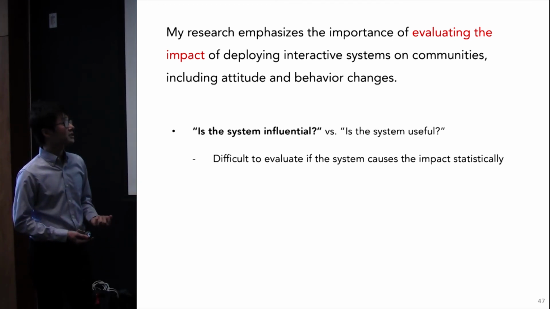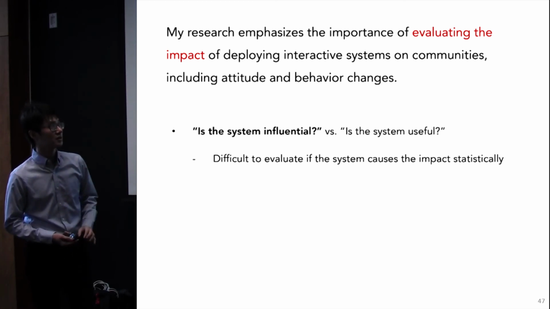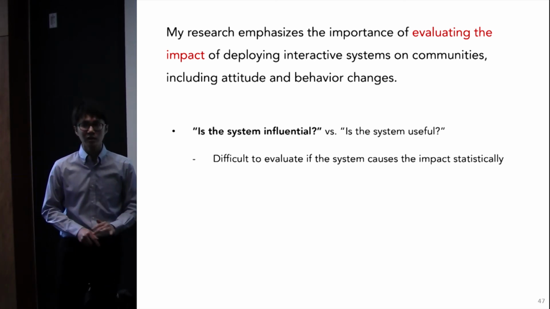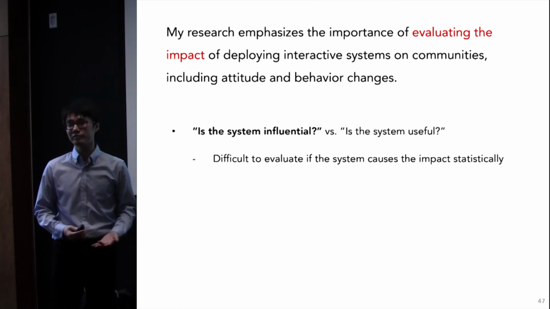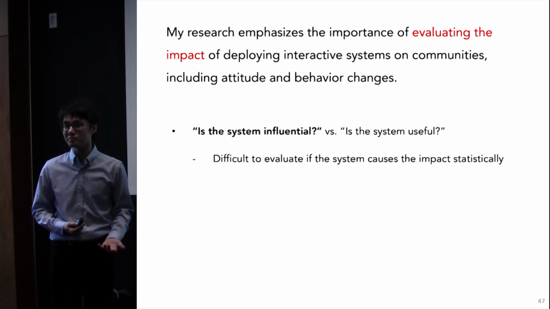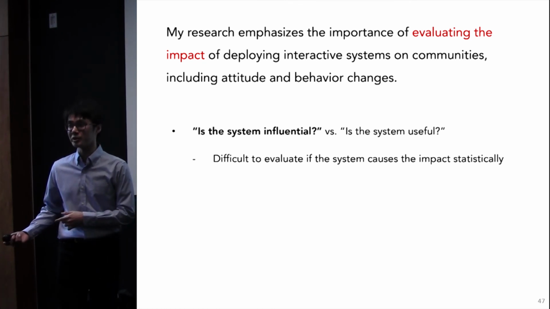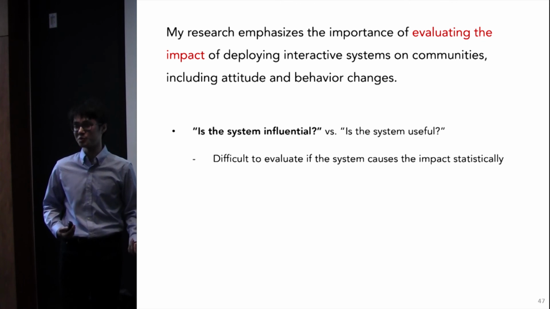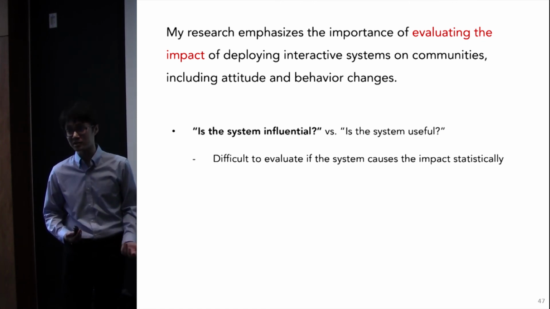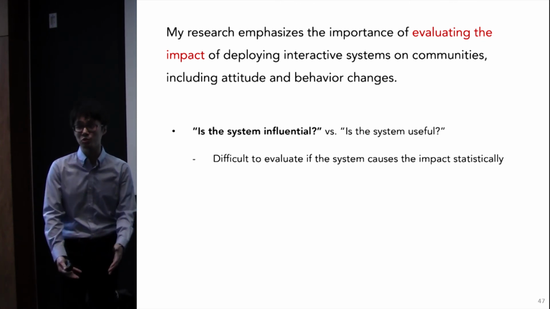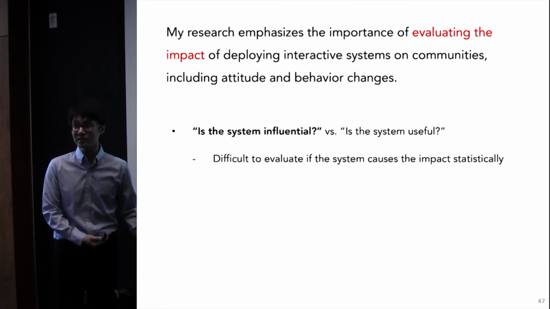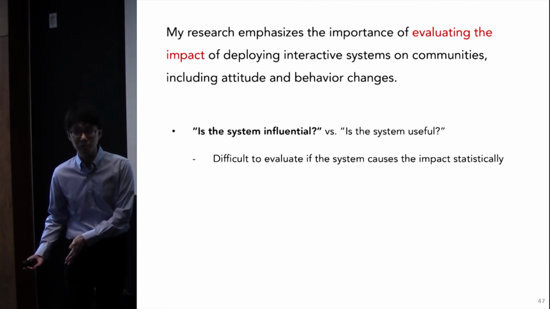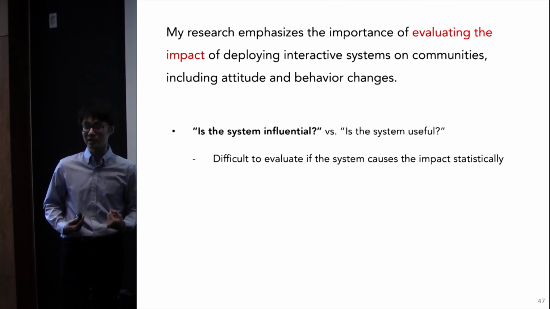It turns out it is difficult to evaluate, because if we want to say that when we deploy the system, it actually influences the community in some way, then we are making a causal statement. And that's something that requires experiments. We would have to do a randomized experiment to select a group of people that has access to the technology and another group of people that has no access to the technology, all at random.